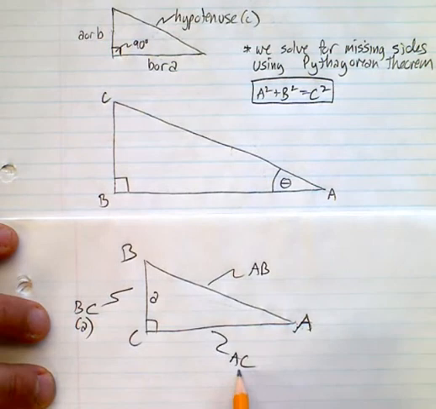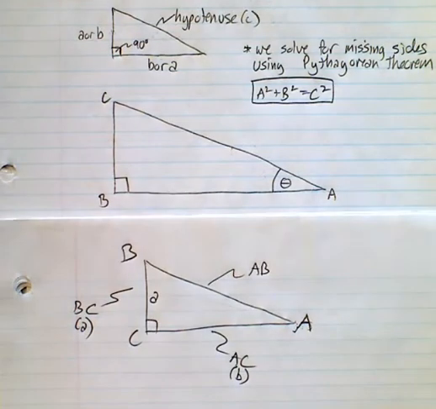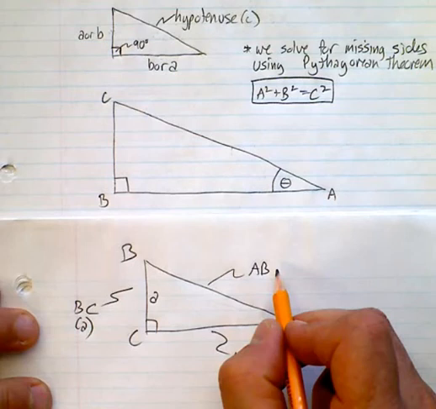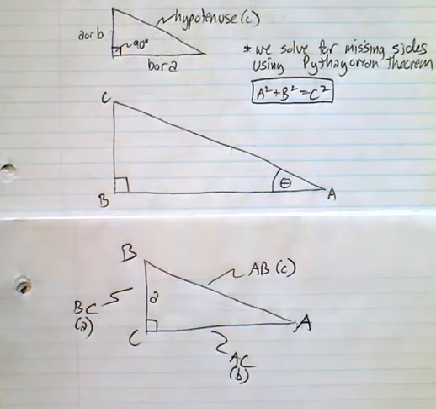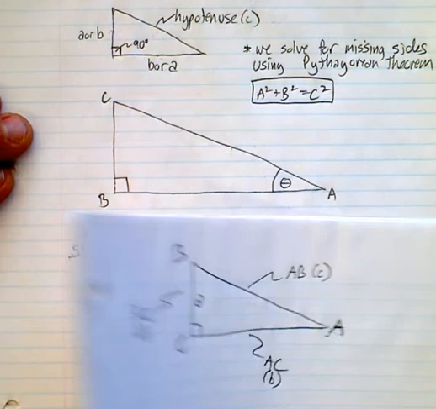This we would call little b. And similarly, shoot across here, we'd call this one little c. Just to remind you of the naming of these things, because when we get into more difficult trigonometry, that's going to be very important to understand.